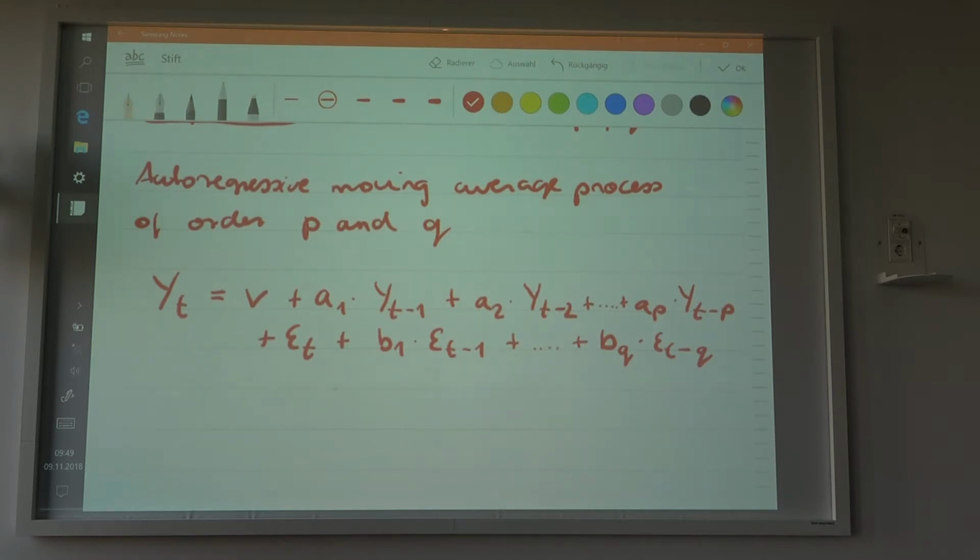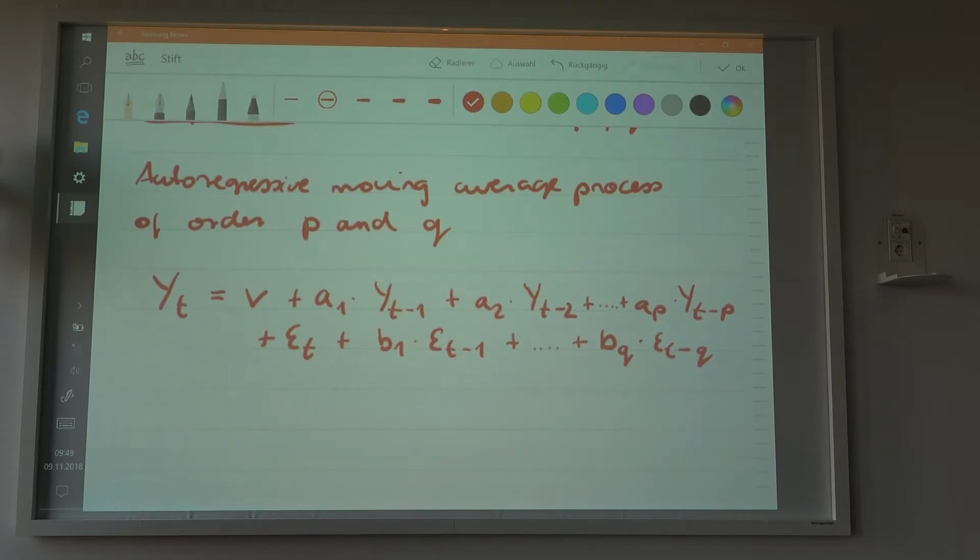Now of course these are the parameters. And you have to recognize here that the past realizations of the autoregressive process do not correlate with the current realizations of the white noise.